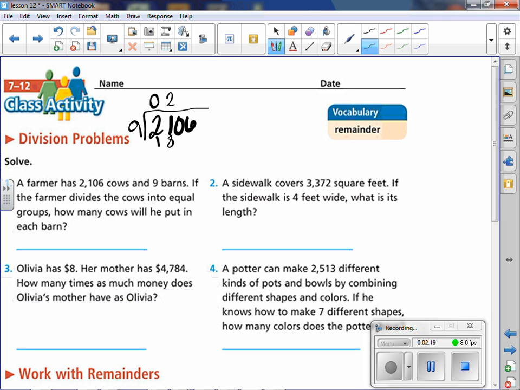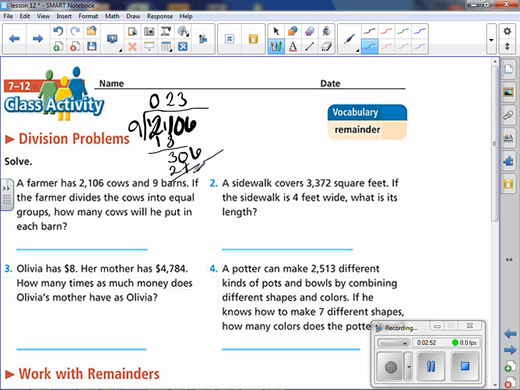And I put that down and I subtract, okay? 1 minus 8 you can't do, so you just go over and borrow, put your 1 up. 11 minus 8 is 3, and then I bring my 0 and 6 down. Okay, will 9 go into 3? No. Will 9 go into 30? Yes. 9 into 30, it goes 3 times. Okay, 9 times 3 is 27, so that's as close as I can get to 30.